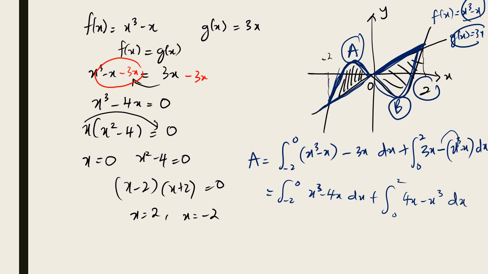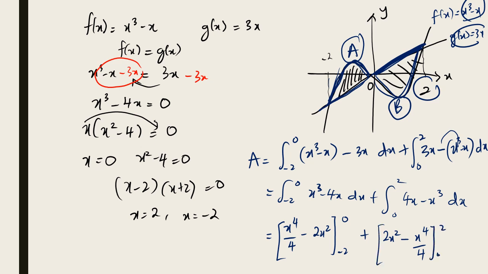Now do the integration. We get x to the power of 4 over 4 minus 2x squared, since 4x squared over 2 is 2x squared, from negative 2 to 0, plus 2x squared minus x to the power of 4 over 4 from 0 to 2.